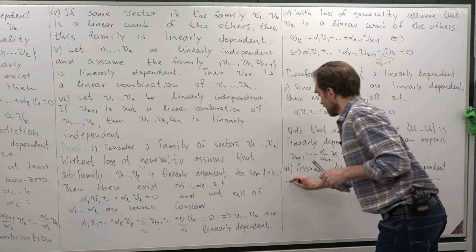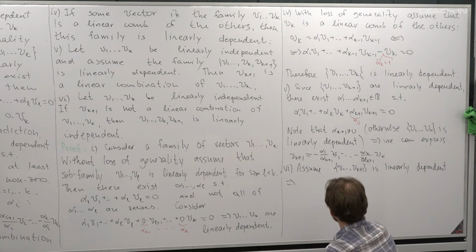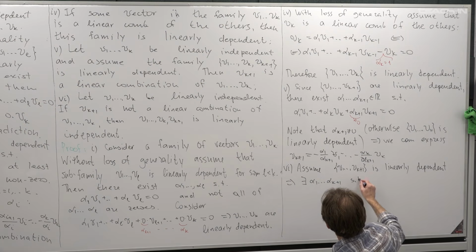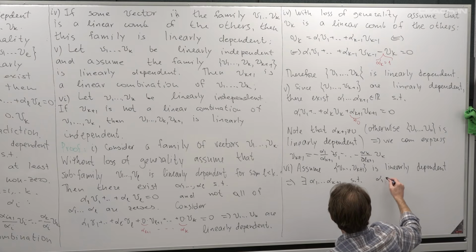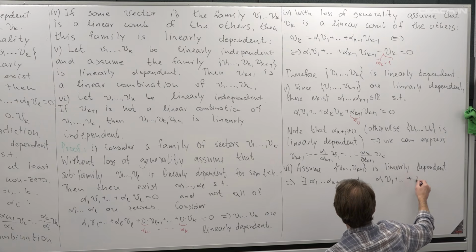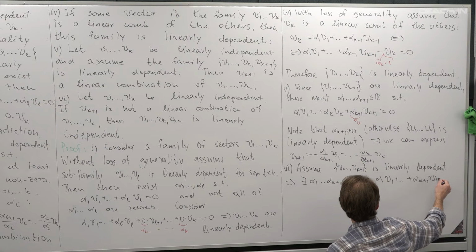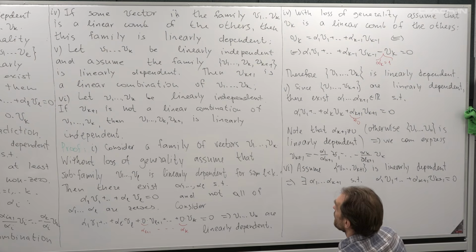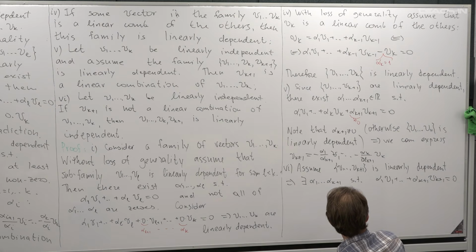So I will be very brief. So there exist alpha 1, etc., alpha k plus 1, such that alpha 1 times v1 plus etc. plus alpha k plus 1 times vk plus 1 equals 0. Okay, so we need to come to a contradiction.